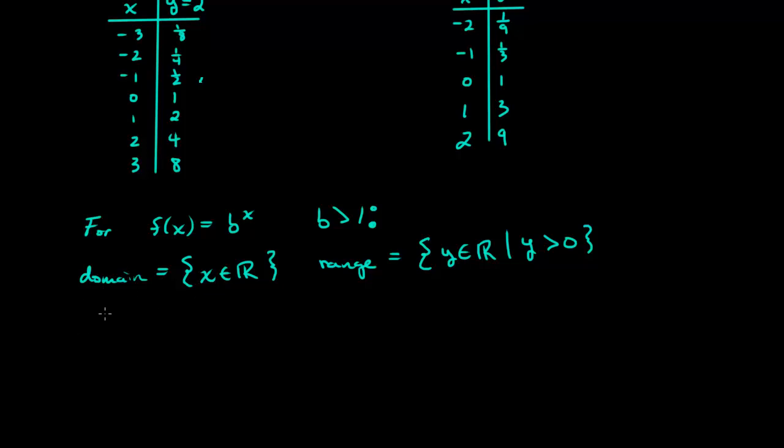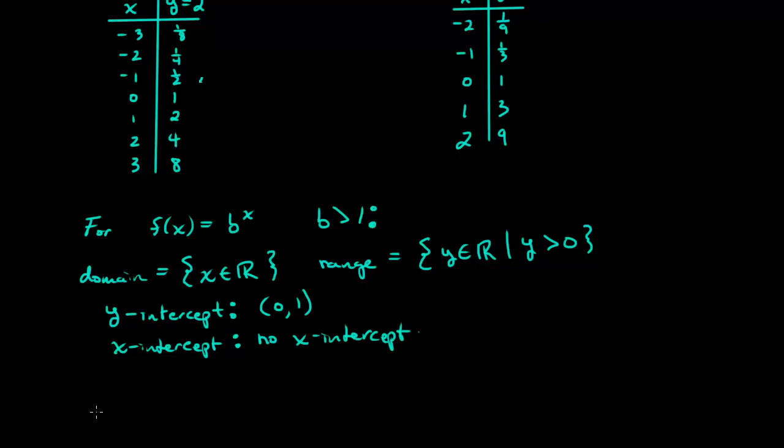So let's also note that the y-intercept for both of these graphs was 0, 1. The x-intercept does not exist, so no x-intercept.